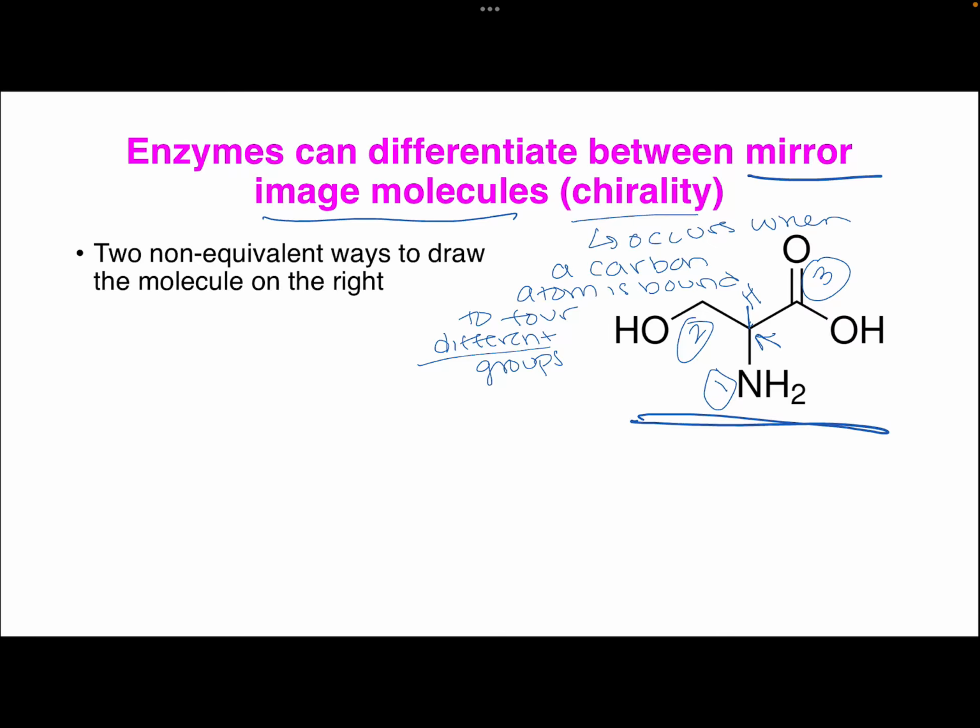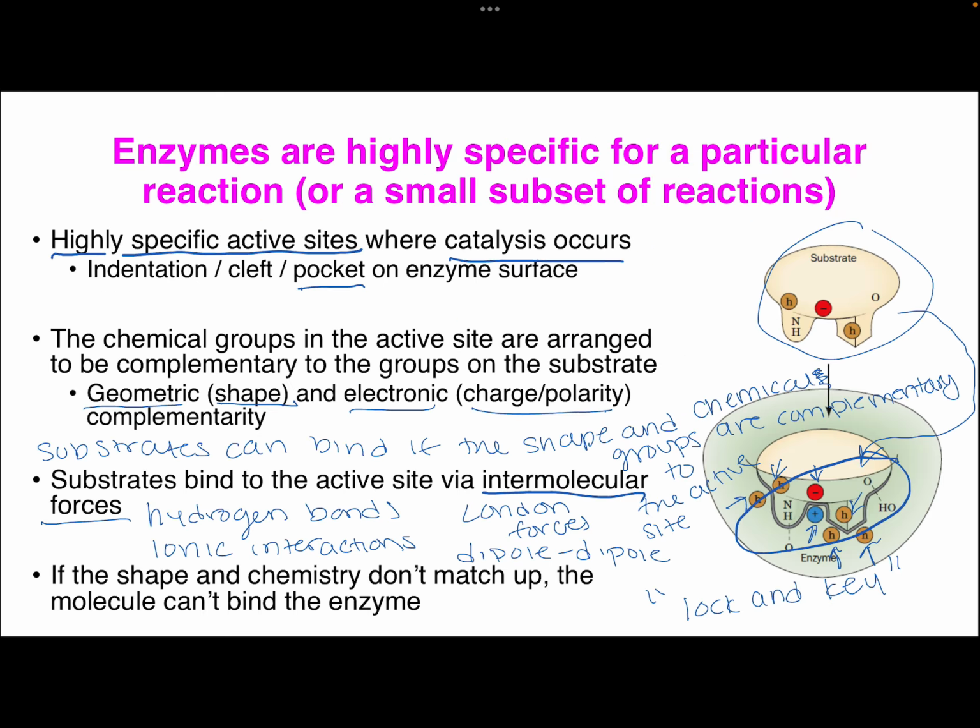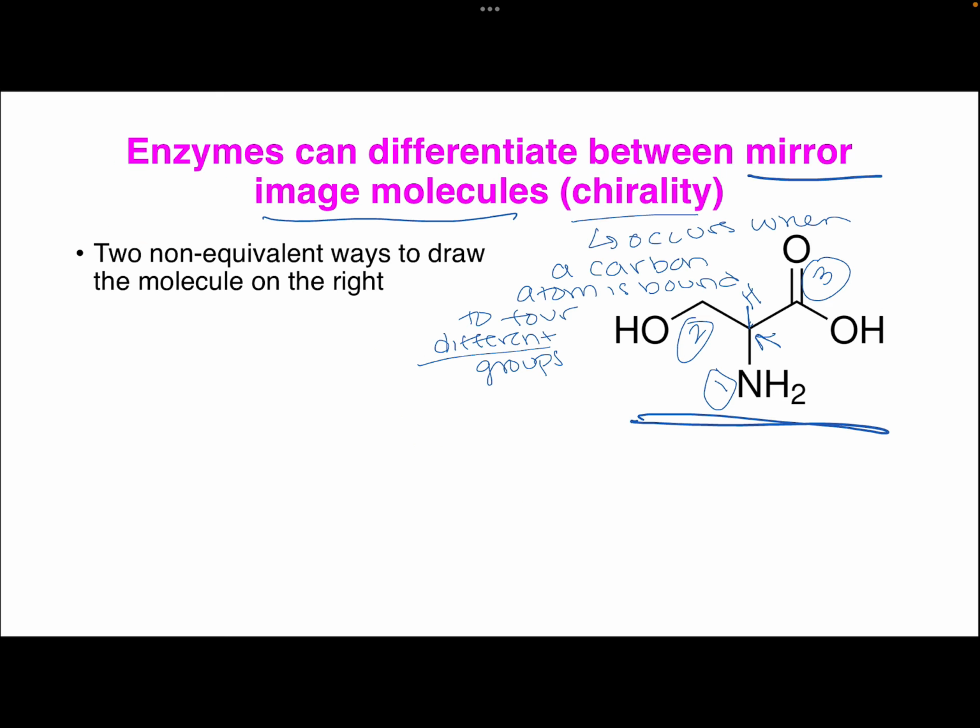So let's think about how we can draw this. So we can draw this like this. So important note is that we're going to keep this group on top as a point of reference. That's going to come down to the carbon. I'm going to keep this group in the plane for now.